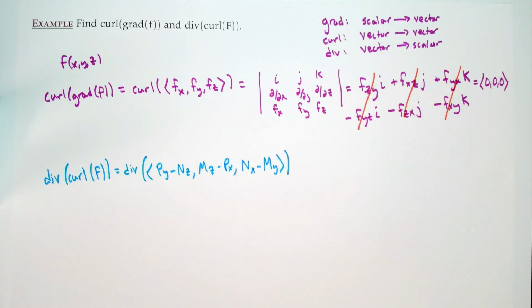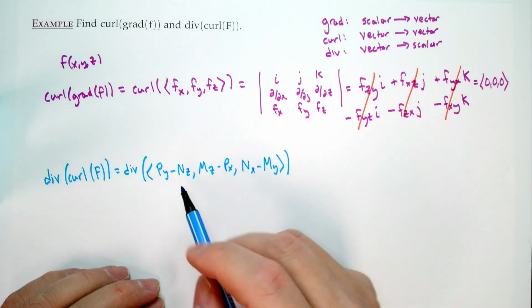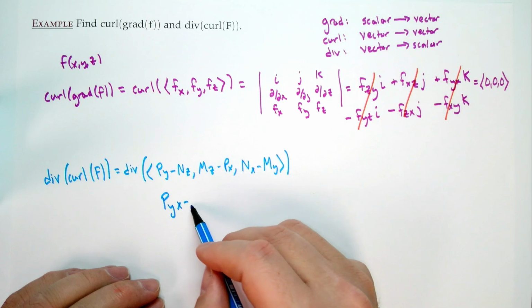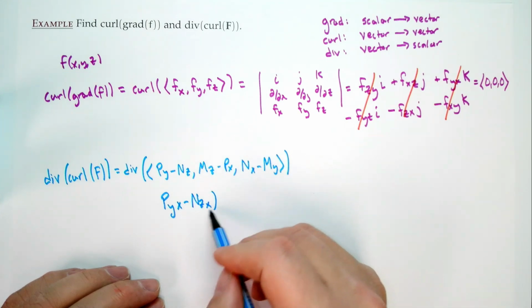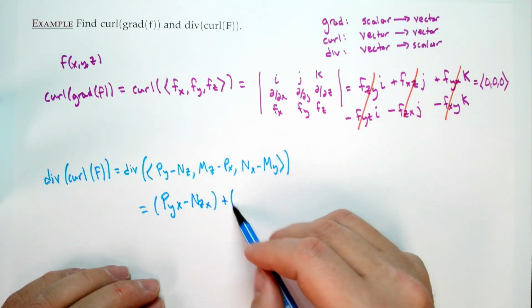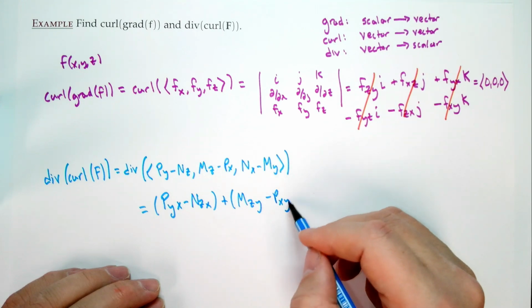Well, okay, so what do we do? We take the derivative of the first entry with respect to x, so that'll be p sub yx minus n sub zx. Take the derivative of the second entry with respect to y: m sub zy minus p sub xy.